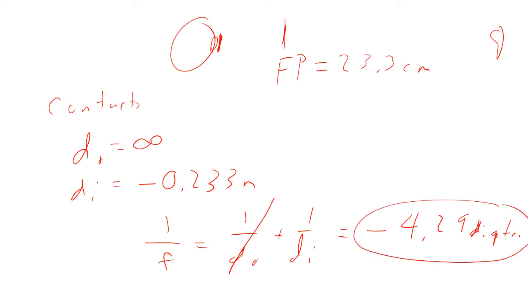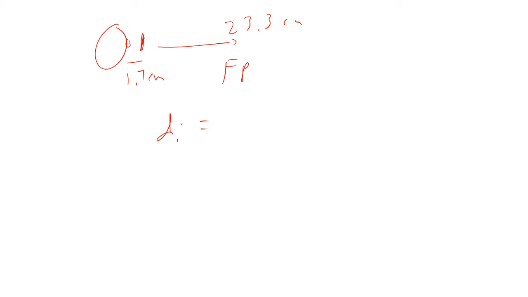Okay. But this person's a little bit different. For this person, if they have a far point, and their far point is 23.3 centimeters, if they're wearing glasses that are 1.7 centimeters away, that means the image distance is not going to be 23.3 centimeters. The image distance is going to be a minus 21.8 centimeters.